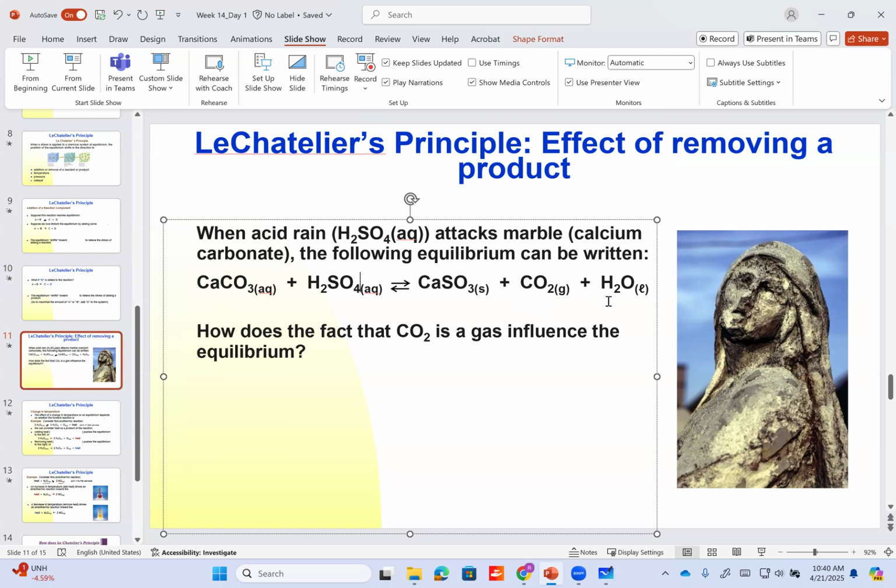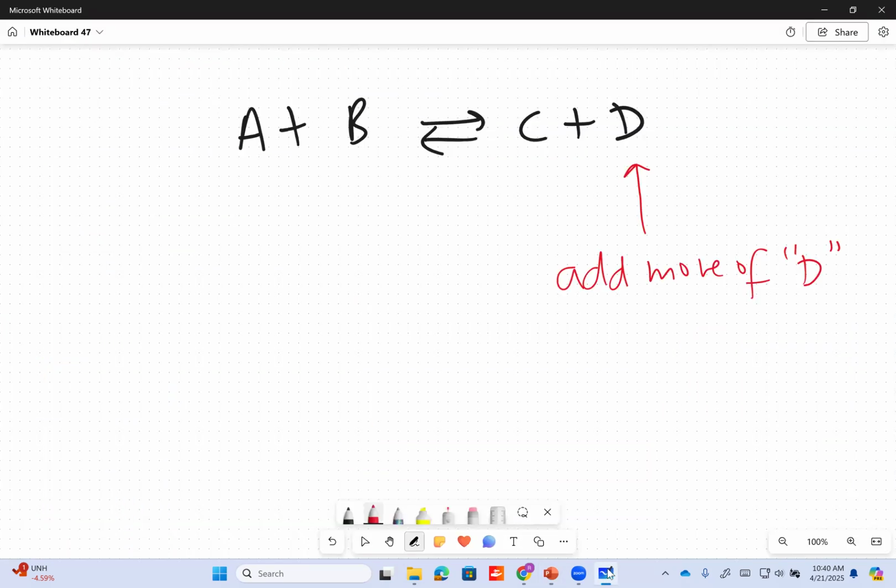You form this product, and marble starts etching, which is why you see all these holes, the degradation of this marble. We can think of this reaction as being at equilibrium, so think of it again as A plus B going to C plus D.